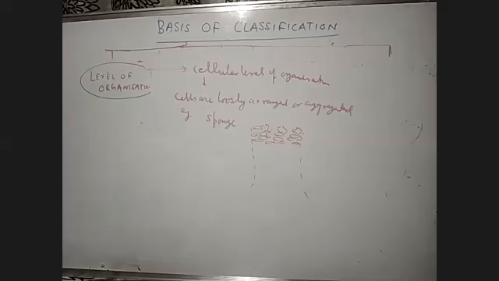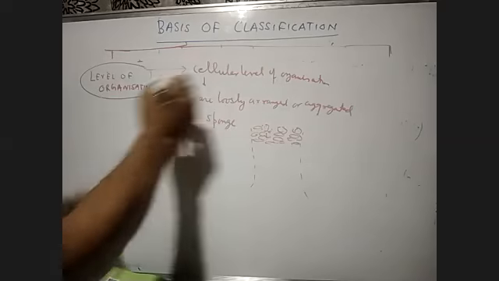Okay, now after that, in some of the animals, some of the cells perform the same functions, and this is called the tissue level of organization. Okay, this is the cellular level.